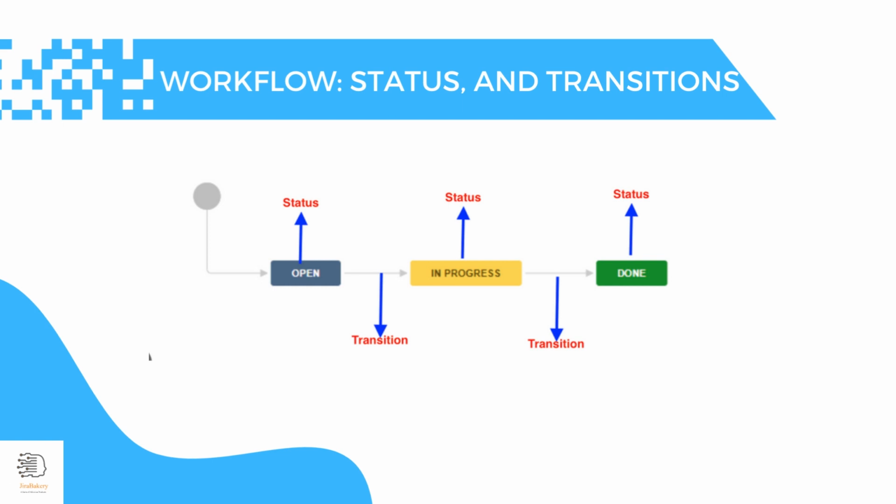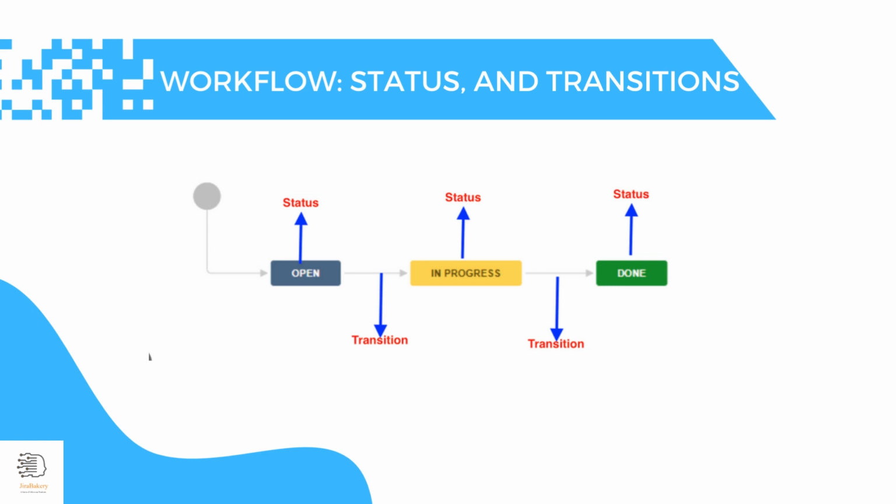You have seen three different colors. One is gray and one is yellow. In some cases it's going to be blue, and most of the time it's going to be blue, and then the green state. The color codes have a meaning. When you see a status in gray, that means it is in the to-do state.